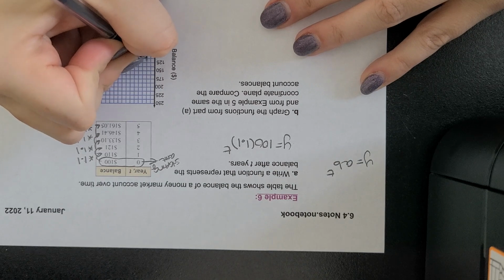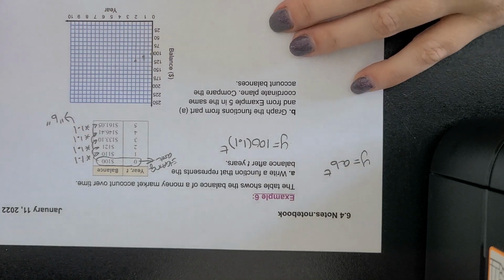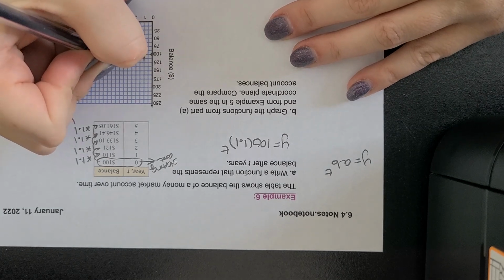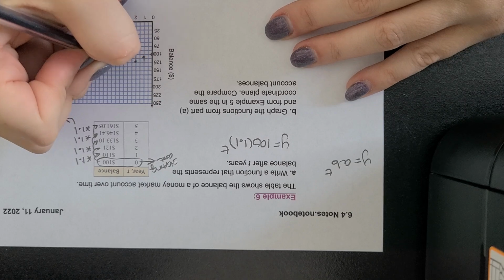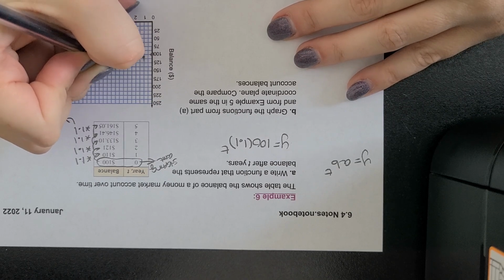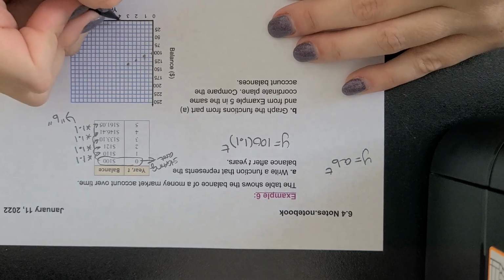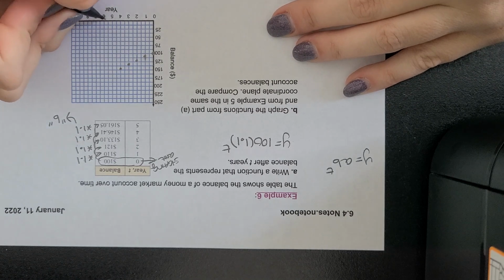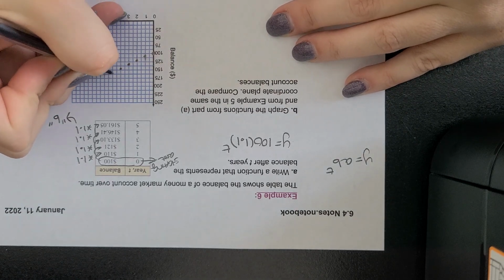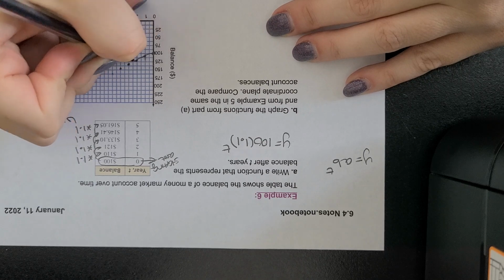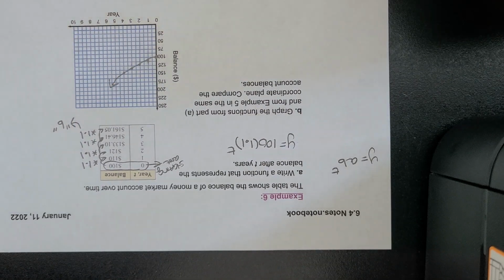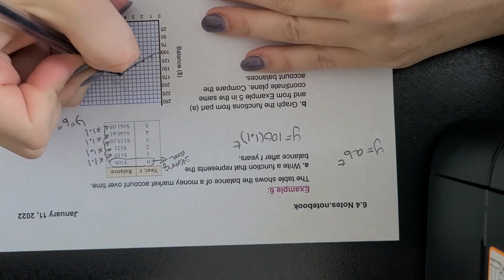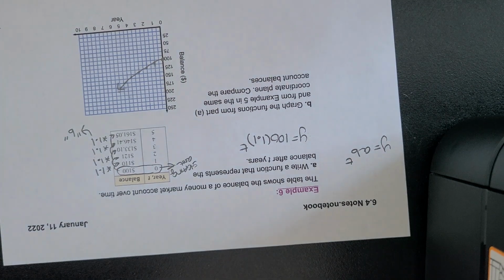Maybe like here. Okay, 3 was 133. Like there. 4 is 146. 5 is 161. There we go. All right, let's take a look at the other one.